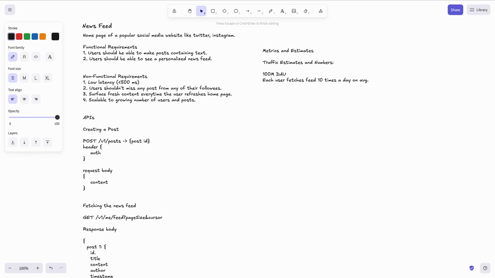With this, we get total read requests of 100 million times 10, which is 1 billion read requests per day.